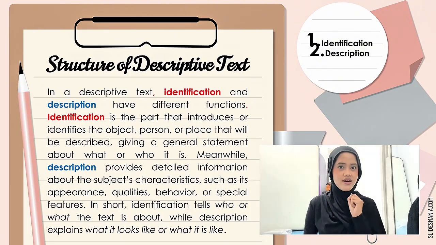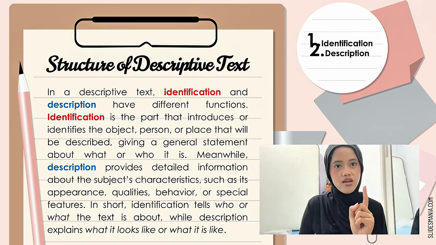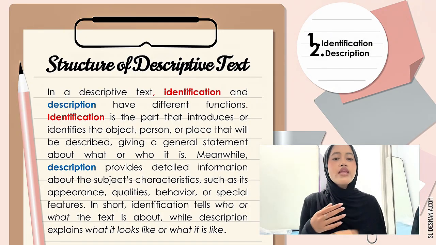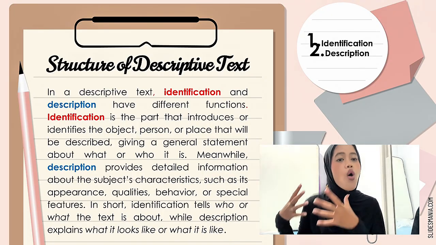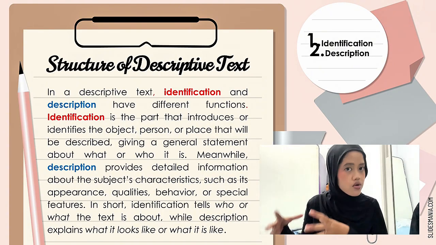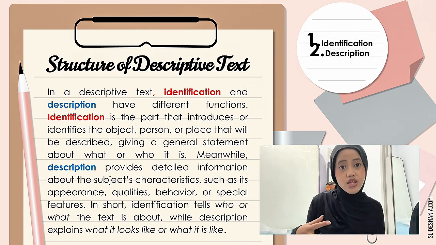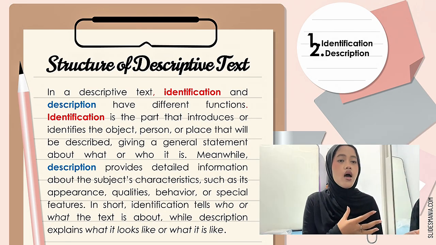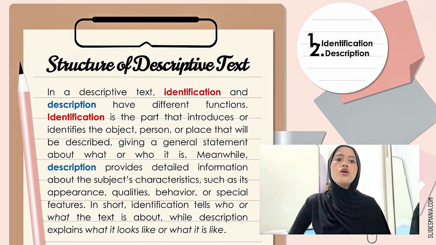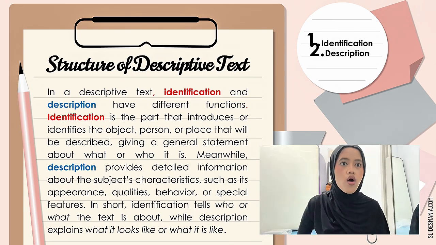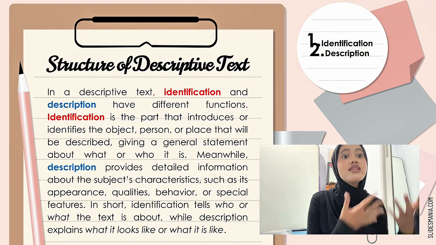So remember, identification tells who or what the text is about, while the description part explains what it looks like or what it is like.